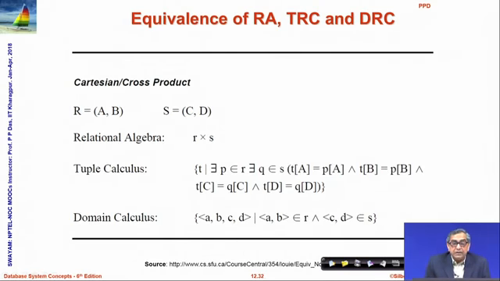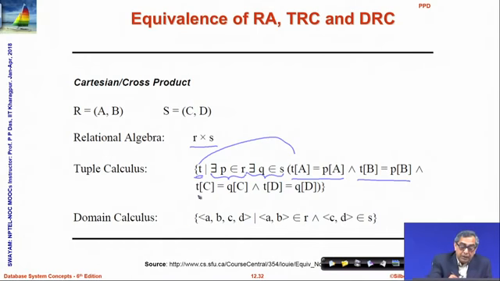Cartesian product is a little bit more involved, because all that you are saying here is, if I have a Cartesian product, then if that product has a tuple T, then there must be a tuple P in the relation R, the left relation, and there must be a tuple Q in S, the right relation, so that the final tuple T matches P on the A attributes, the B attributes, that is the attributes of relation R, and the components of T match the tuple Q in the attributes of S. If all these conditions happen together, then naturally this tuple T is a valid tuple for the Cartesian product.